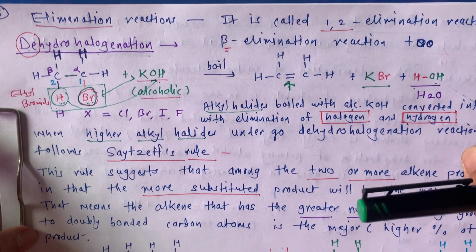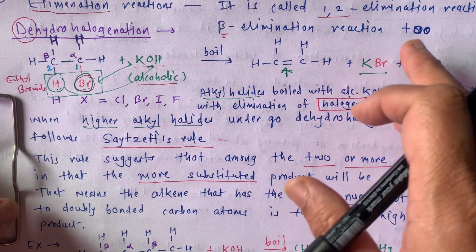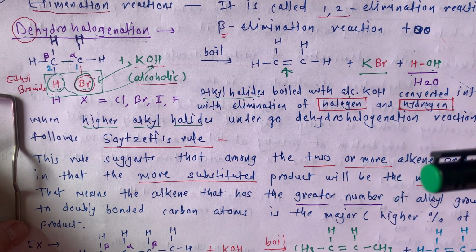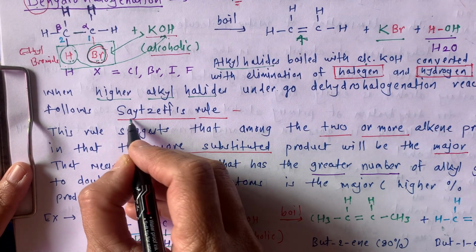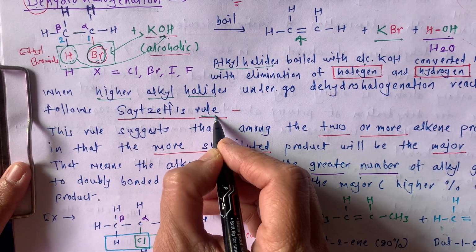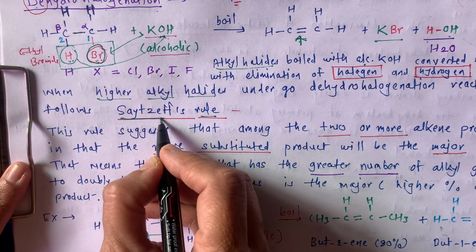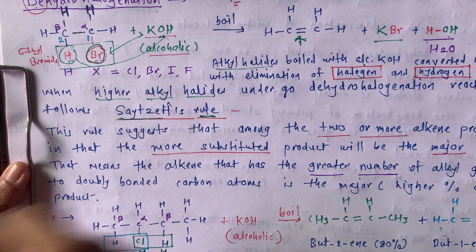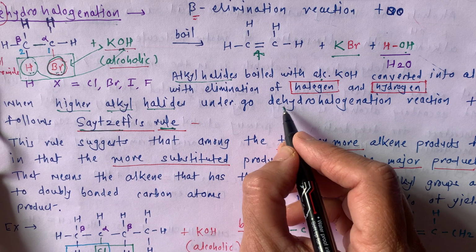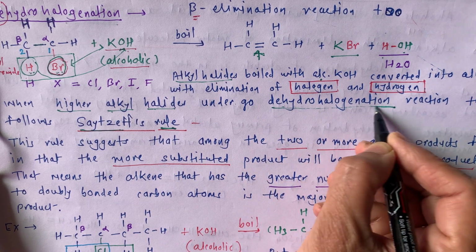Their yields are again different. One is the major product and the other is the minor product, and that follows Saytzeff's rule. You have to remember what Saytzeff's rule is. For higher alkyl halides, the reaction takes place the same way, that is dehydrohalogenation.